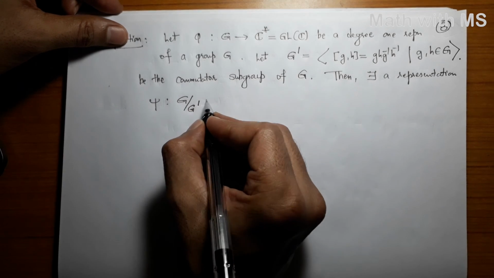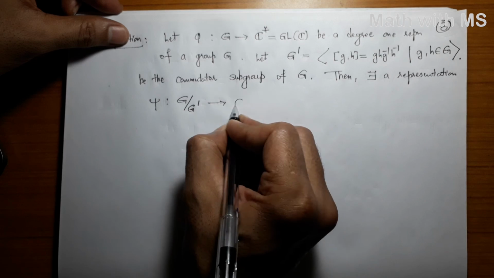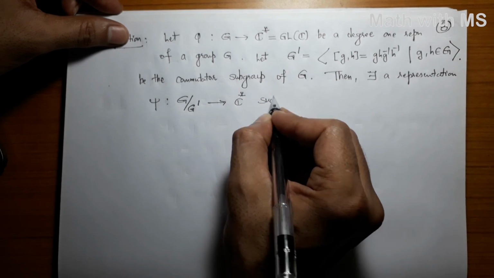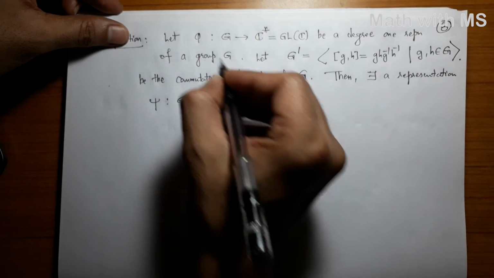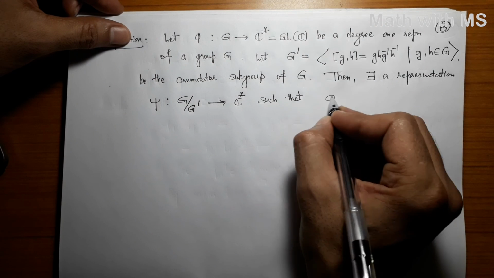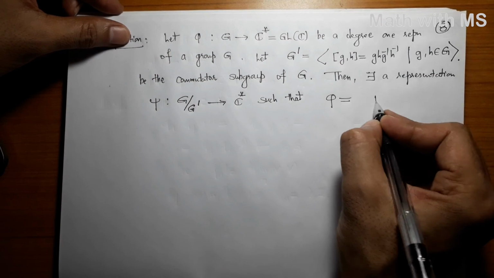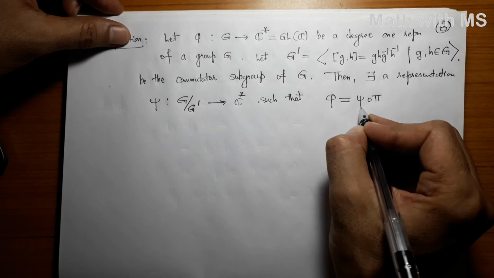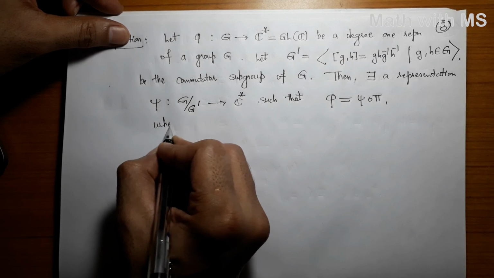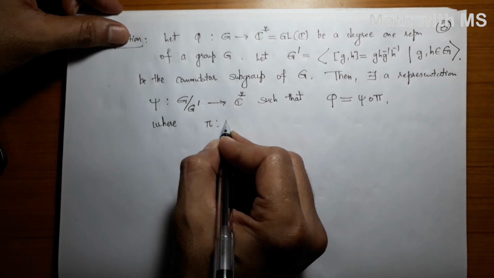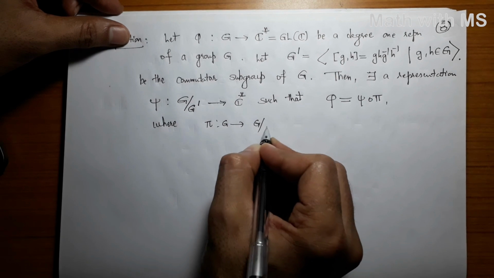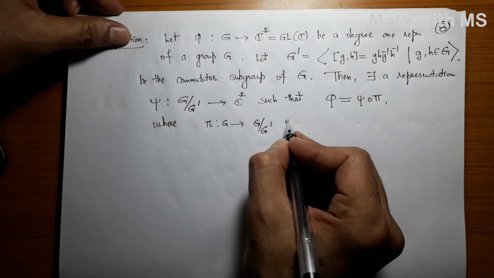So there is a representation psi from G mod G prime into C star, such that your original representation phi can be written as psi composed with pi, where pi from G to G mod G prime is the natural quotient map.